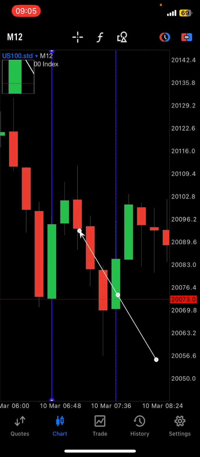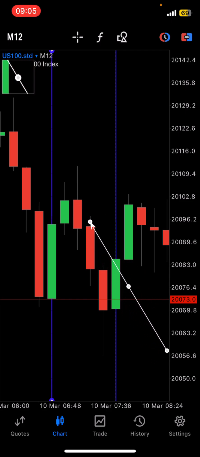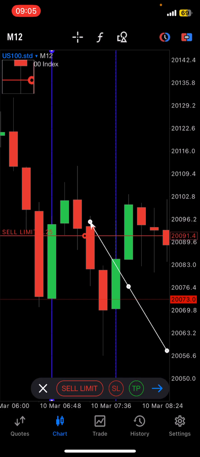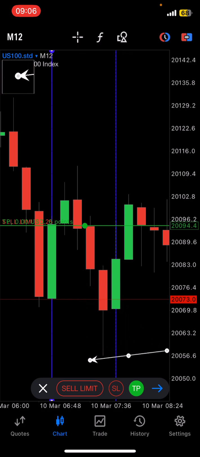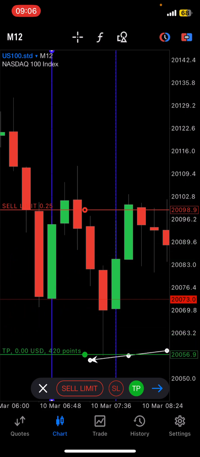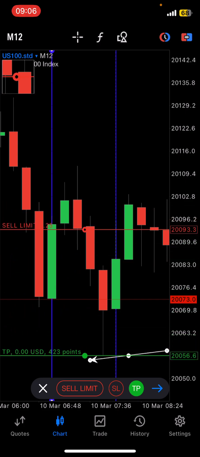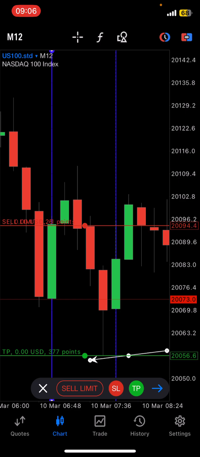So now we get our down close candle right here. That's our sell signal. So when this candlestick starts to open right there, we are selling that, expecting it to go down, and that's what it offers right there.